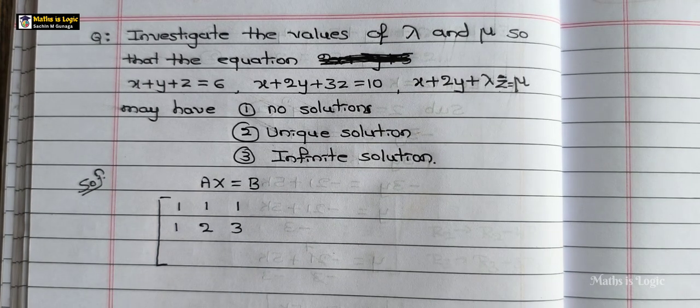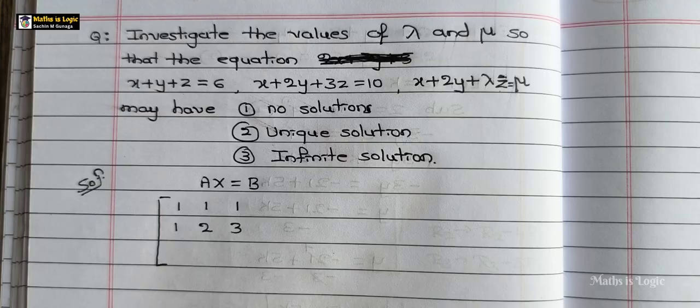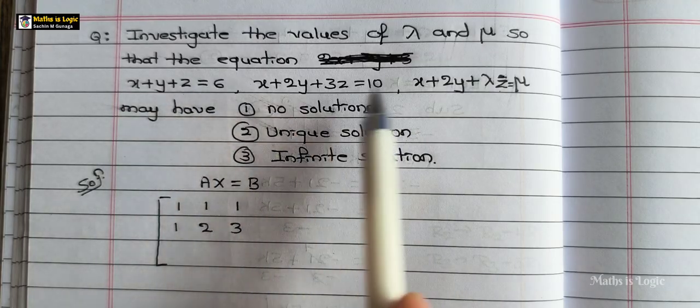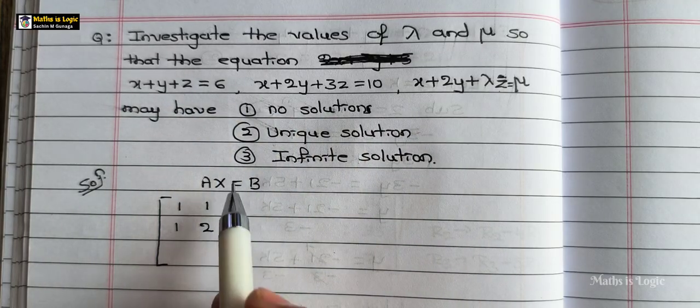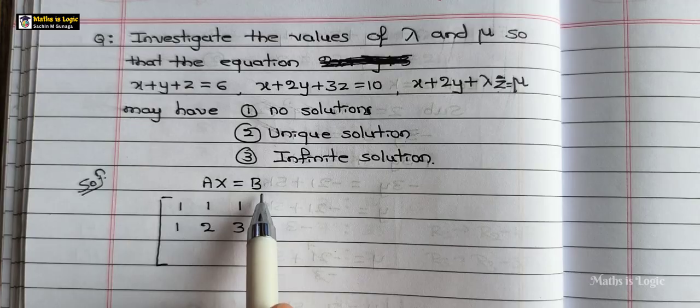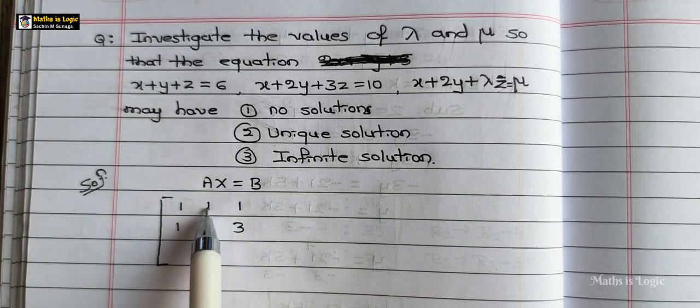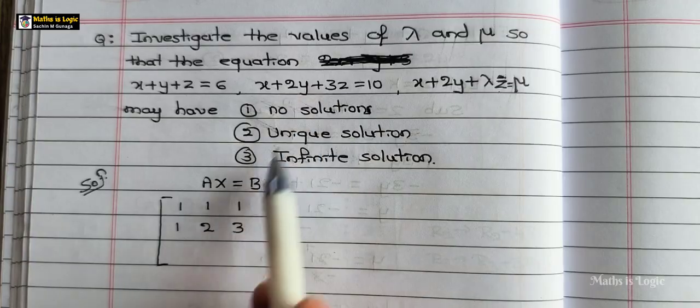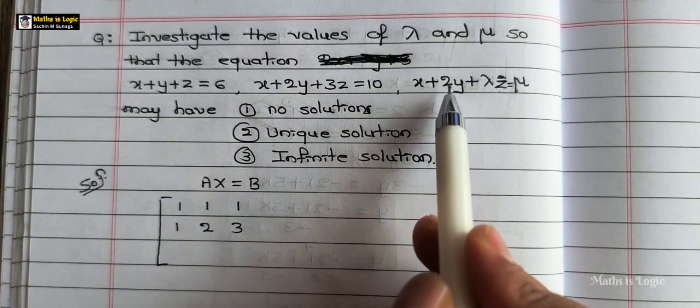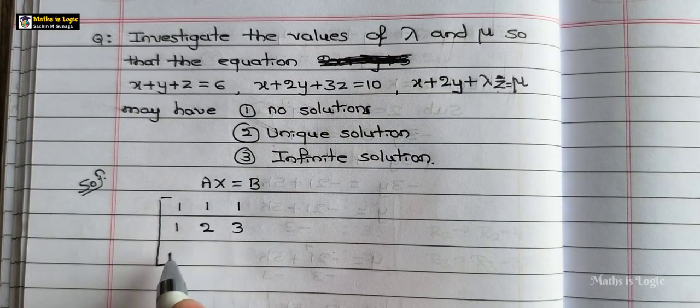So as usual, first the given equations we need to write in matrix form, that is AX is equal to B. Take the coefficients of x, y, z: 1 1 1, here 1 2 3, and the last one 1 2 lambda.